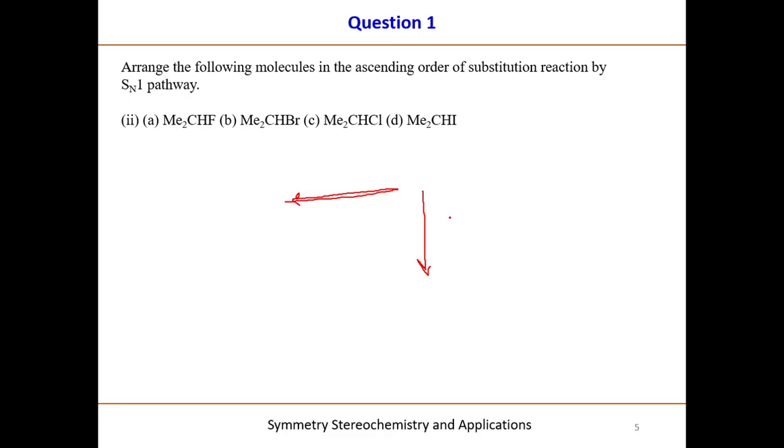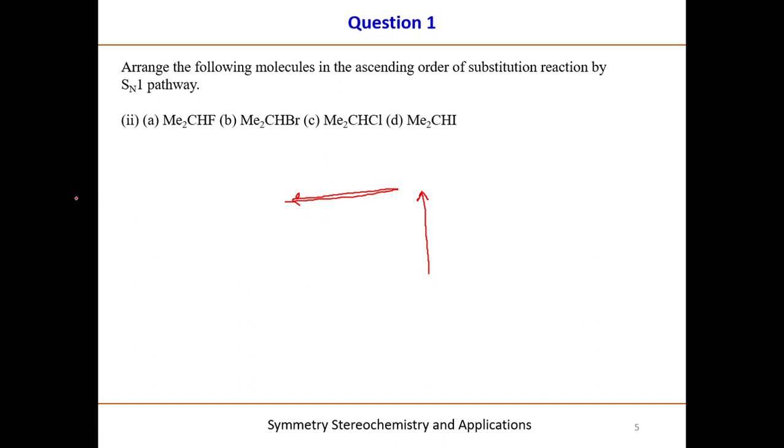Correct? I can show this with an upward arrow. That means the basicity decreases from top to bottom, or from bottom to top, the basicity increases.